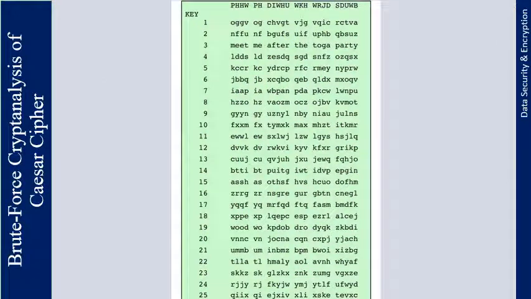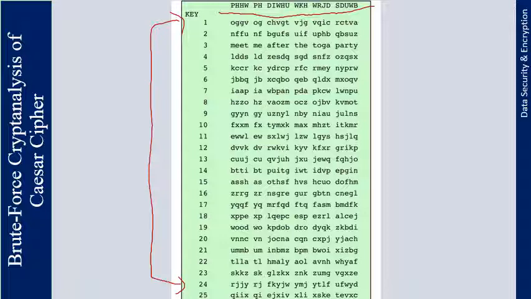So here are the possible combinations for each of the keys to decrypt the message we encrypted in the previous slide. If we apply all the keys using a brute force attack, we may be able to extract the information.